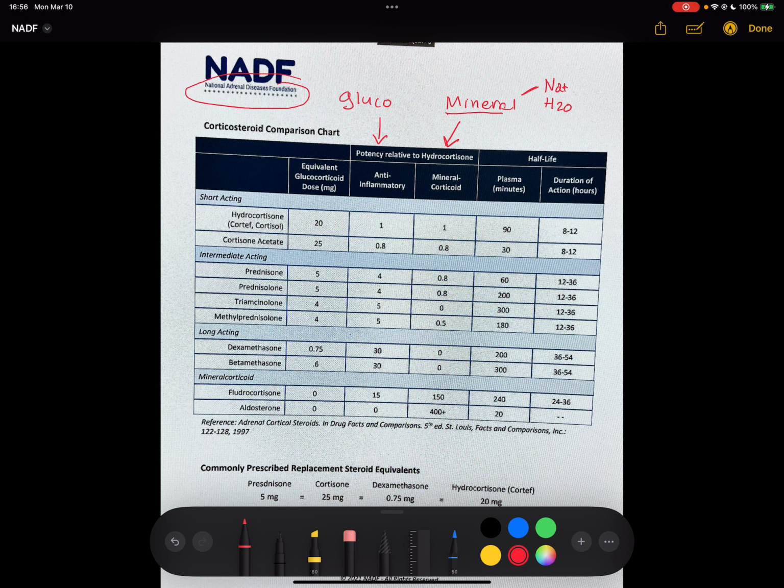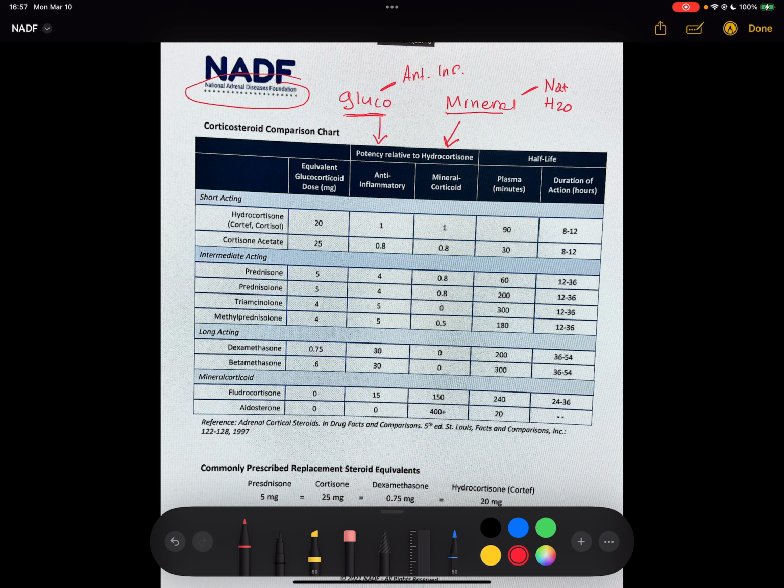Or are you giving a corticosteroid because you want glucocorticoid activity? And that is primarily going to be the anti-inflammatory effects that we're looking at. Or are you wanting to give an agent that is providing a balance of glucocorticoid and mineral corticoid activity? So that's really what it comes down to when it comes to a choice of agent.